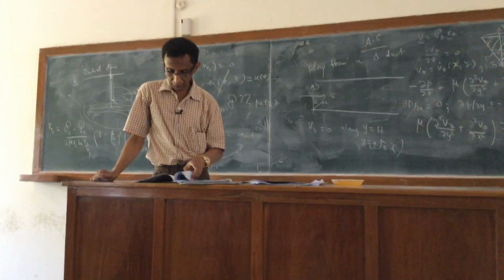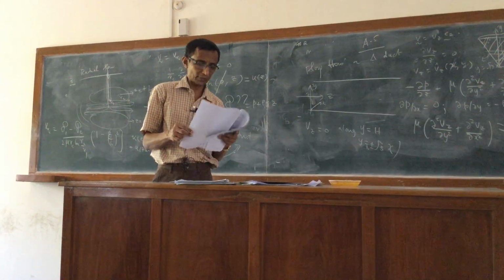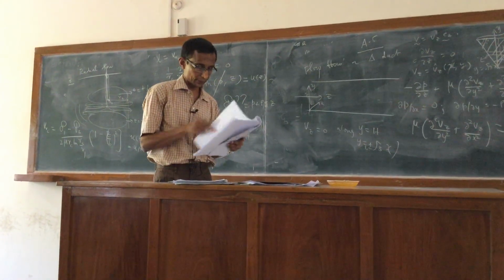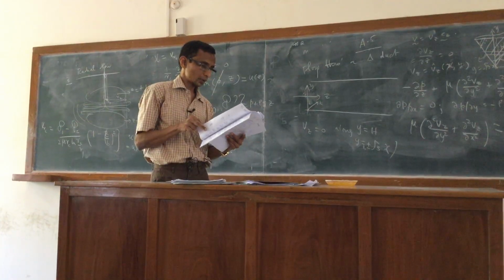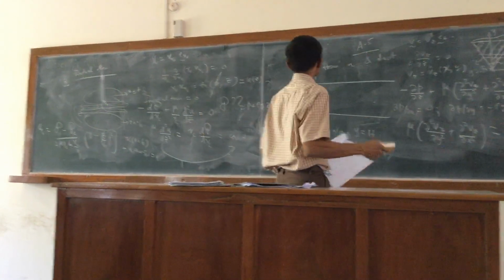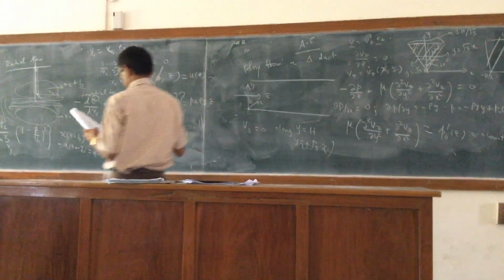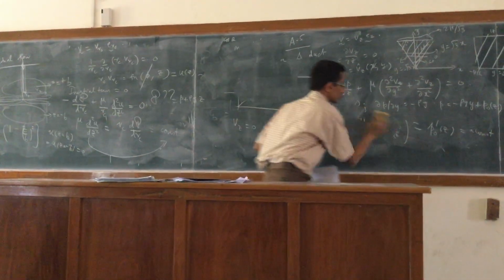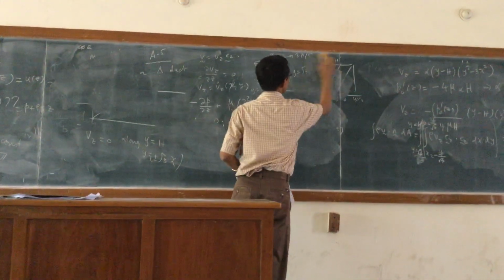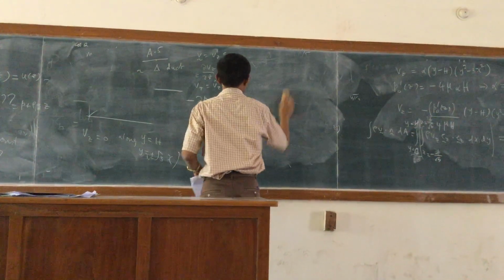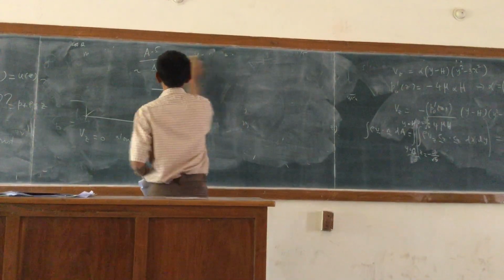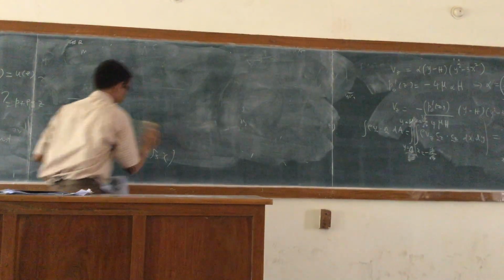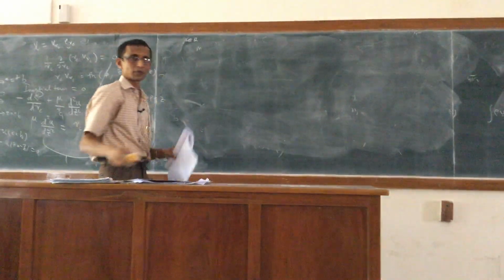We still have some time left, and quickly survey the other problems. Problem number 2 is where again we require the torque. And the reason why problem number 2 is given is the parallel disc viscometer, which is used to calculate the viscosity. It's probably worthwhile just looking at it.